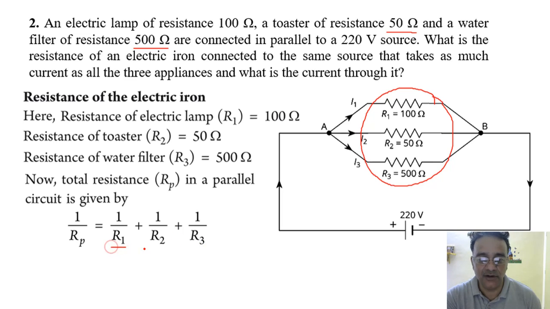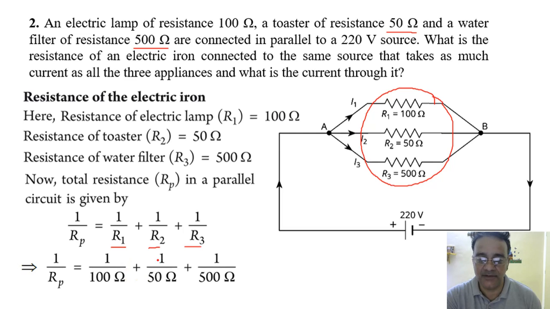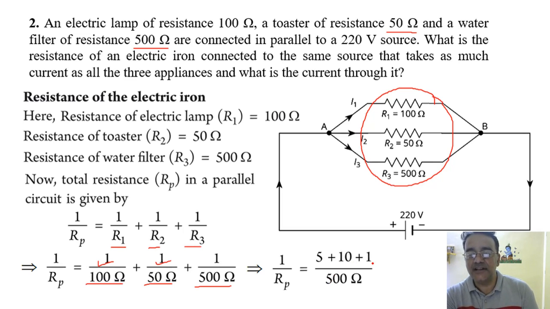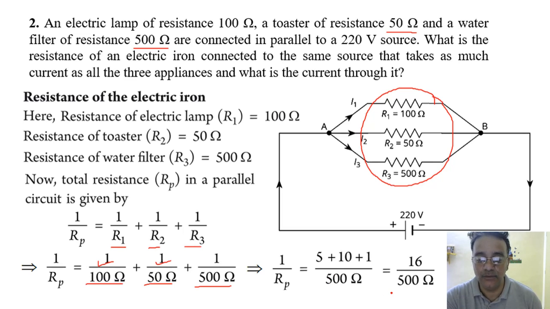Now substitute the values: 1 upon 100 plus 1 upon 50 plus 1 upon 500. For 100, 50, 500, the LCM will be 500. So here 5 will come, here 10 and here 1. So 5 plus 10 plus 1 upon 500. So 16 upon 500 ohm is what we get for 1 upon Rp.